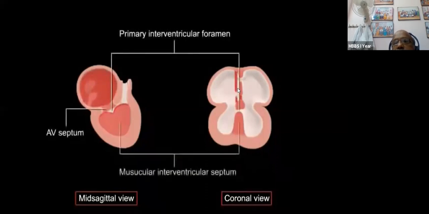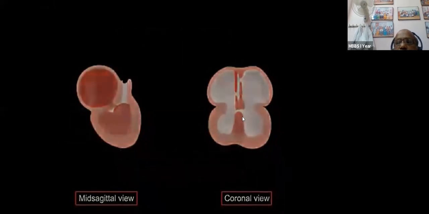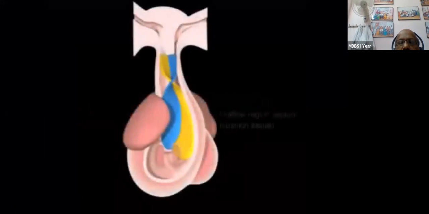So the septum secundum is coming down, overlapping with your septum primum. So both are simultaneously forming, the interventricular septum and your interatrial septum. Now concentrate on the next video.